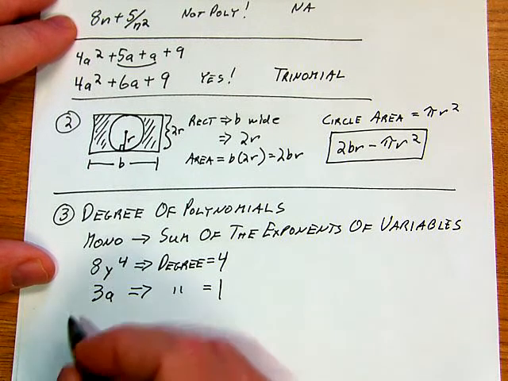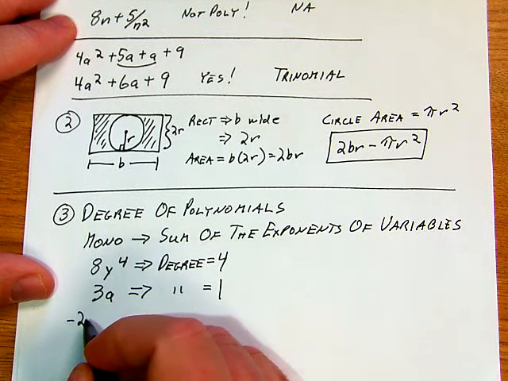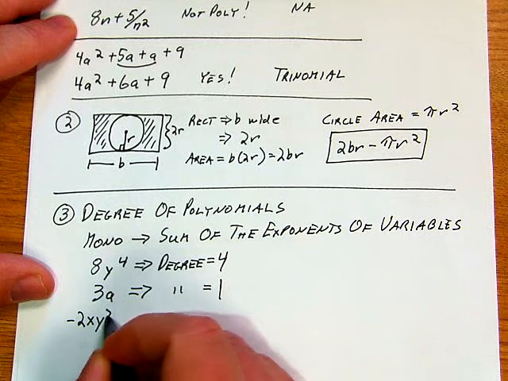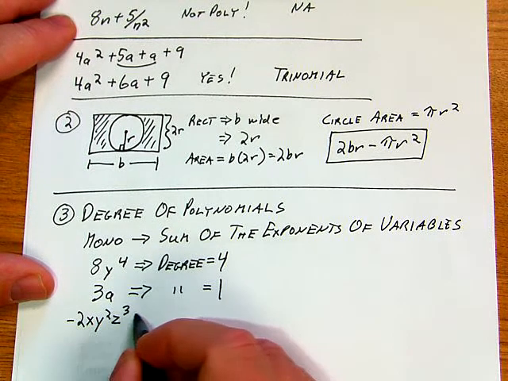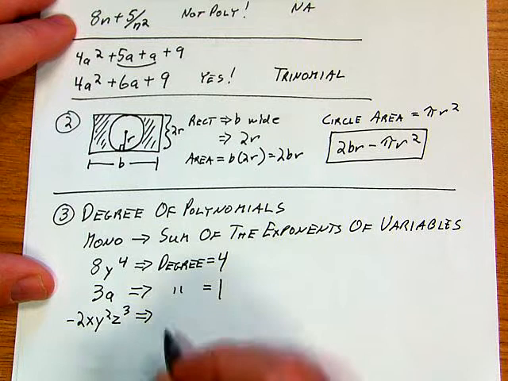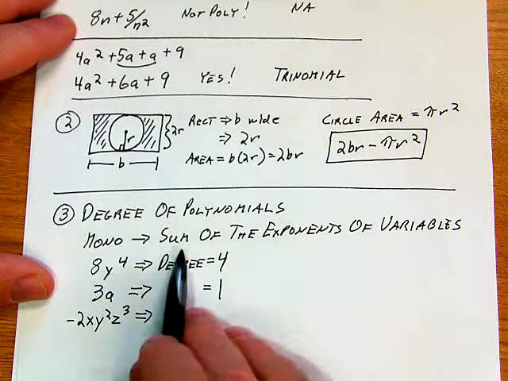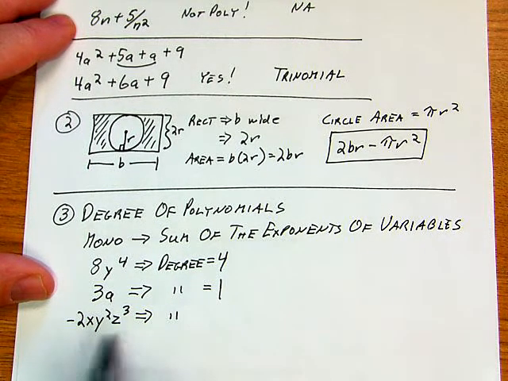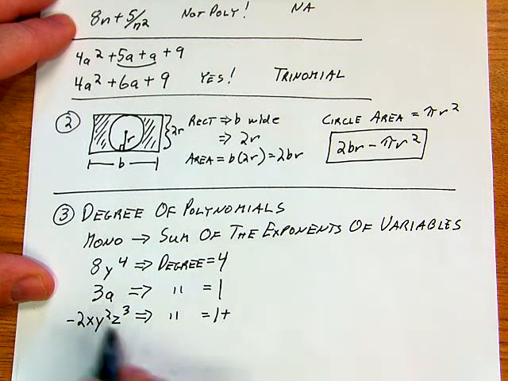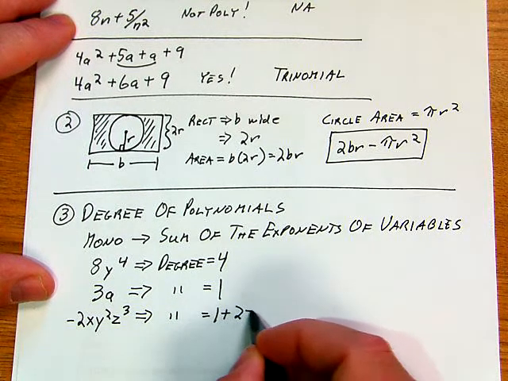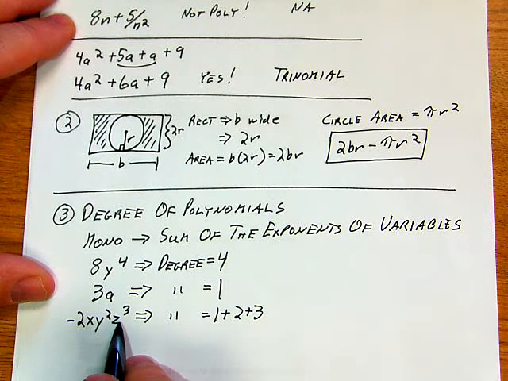What if I had something like this? Minus 2x y squared z cubed. Okay? Well, in that one, I have to sum the exponents, right? So the exponent of x is 1. Add to it the exponent of y and the exponent of z, which is 3.